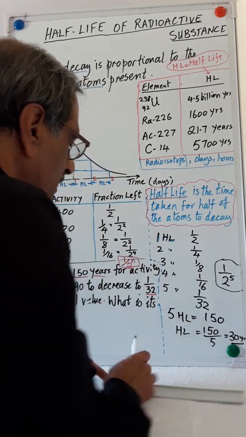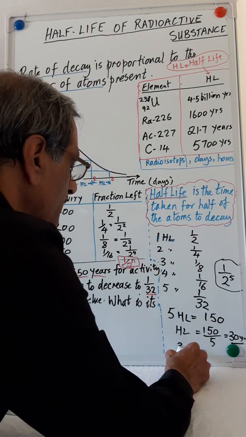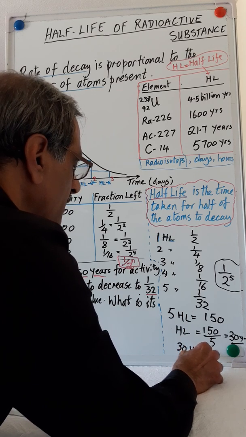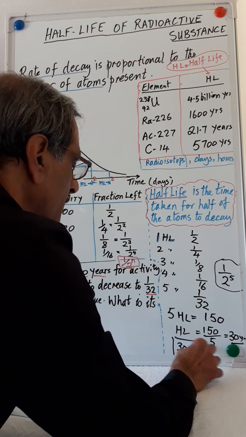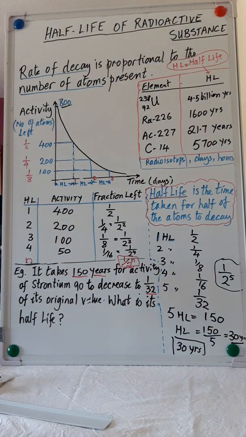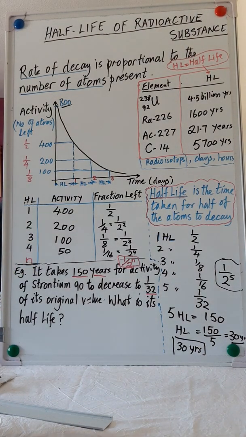So the half-life of this radioactive substance, strontium-90, is about 30 years.